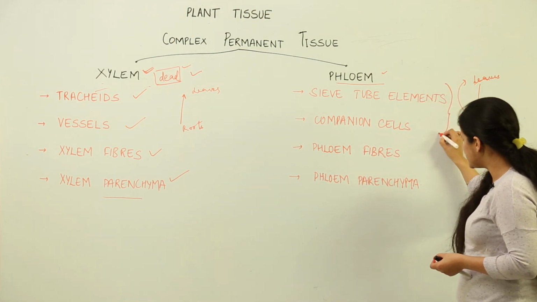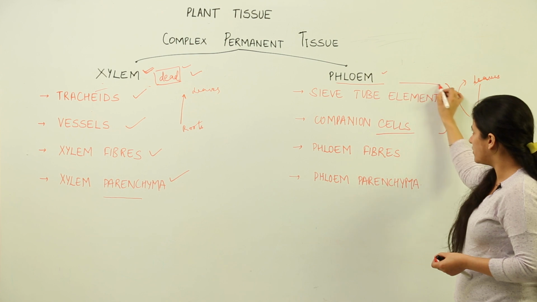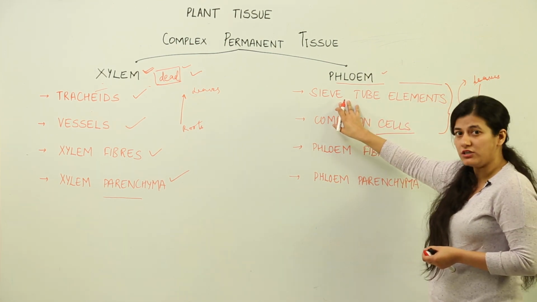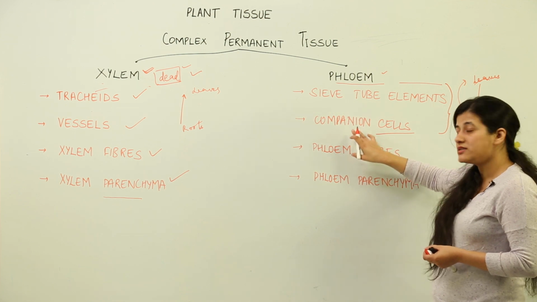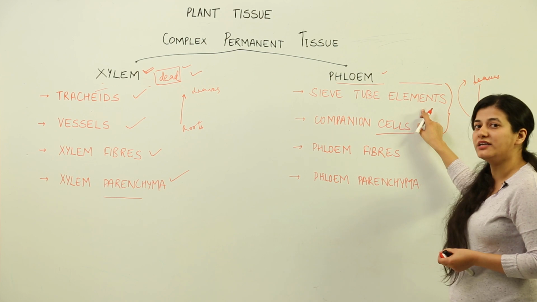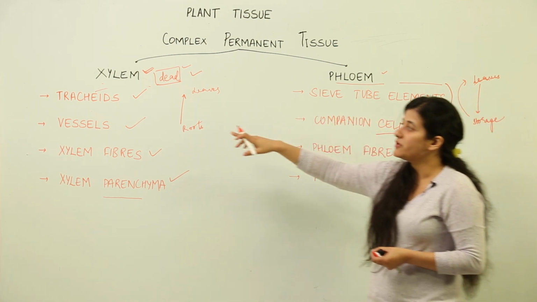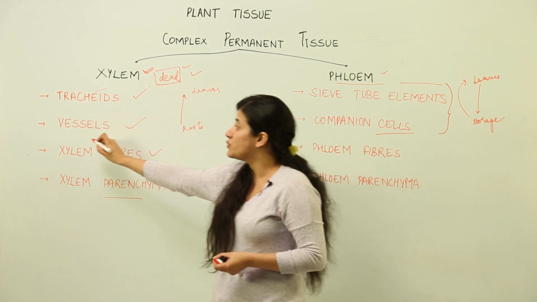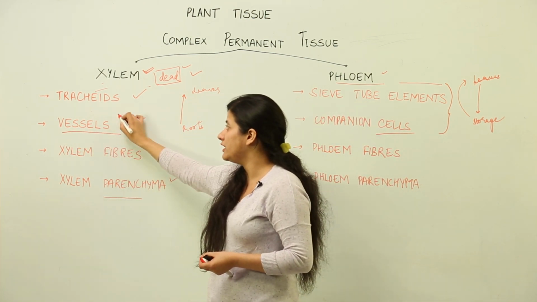These two cells, whether they are living or non-living, is a little bit dicey, because this cell does not have a nucleus. This cell's nucleus governs the activity of the cell, that is, the sieve-tube elements are the main conducting cells. In case of xylem, both tracheids and vessels are the conducting cells, but vessels are evolutionarily advanced.